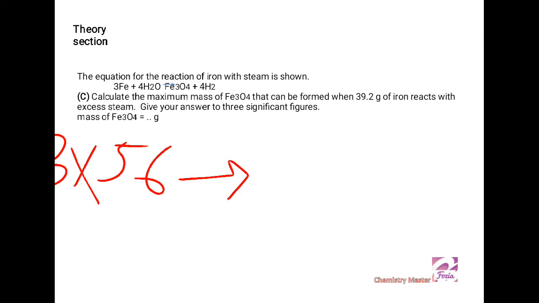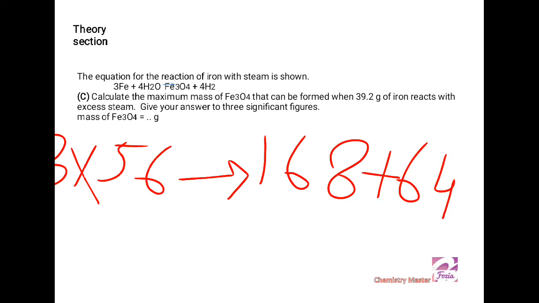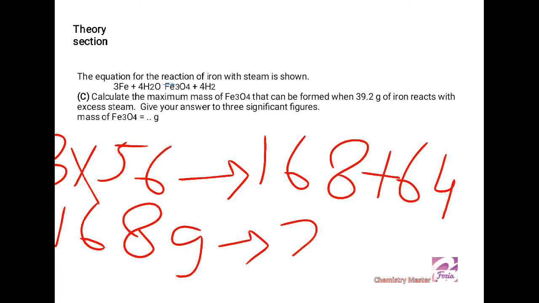And at the product side we see Fe3O4, which means 56 is multiplied 3 times plus 16 into 4 times because oxygen is 4 times. So thrice 56 gives 168, plus 16 fours are 64. So in total 168 gram of iron is producing 232 gram of Fe3O4. So 1 gram of iron will be producing 232 by 168.